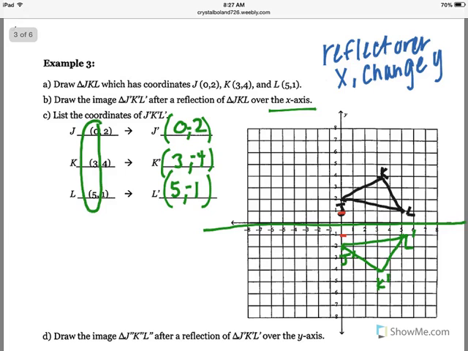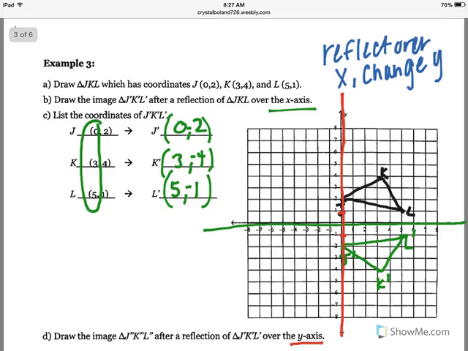Then for part D, it says draw the image triangle J'K'L'' after a reflection of J'K'L' over the y-axis. So now I'm going to reflect my green triangle over the y-axis. I'm not going to do anything with my original triangle, which was the black triangle. I'm going to take the one that I already reflected and reflect it again over the y-axis. So now I'm going to count the spaces away from the y-axis.